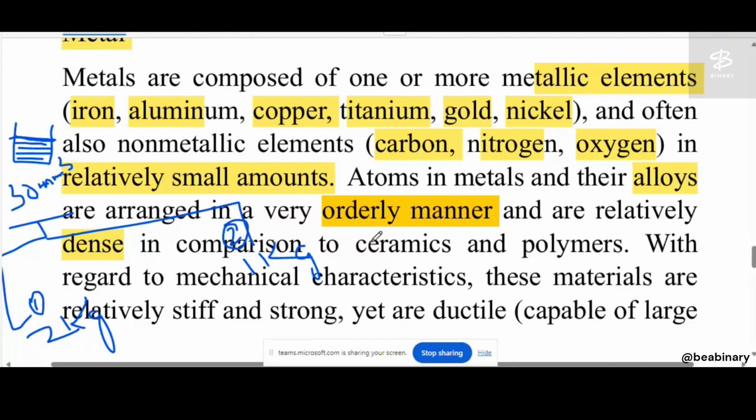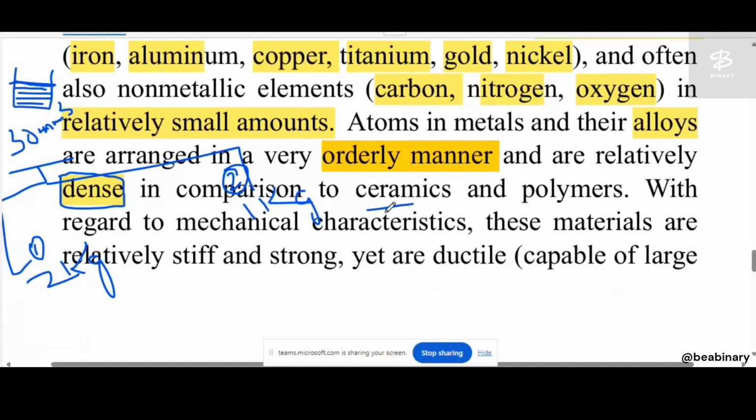As compared to the other two, ceramics and polymers, metals are highly dense. It means they are very compacted, tightly packed in very little space. If they are tightly packed, they are more dense, as compared to ceramics, which are less packed, and polymers.